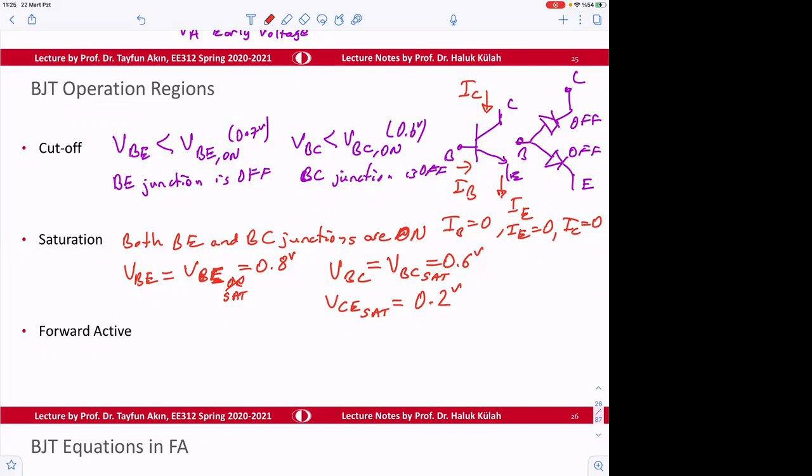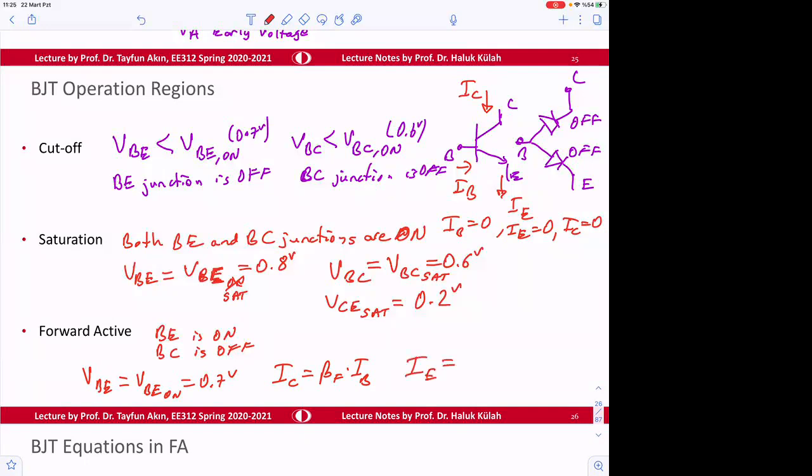In the forward active region, just quickly, the BE junction is on, but BC is off. And for this case, we say that VBE voltage is going to be VBE on, and it's going to be 0.7 volt. And then for this case, the collector current is going to be equal to beta forward times I base. You remember this from your previous courses.